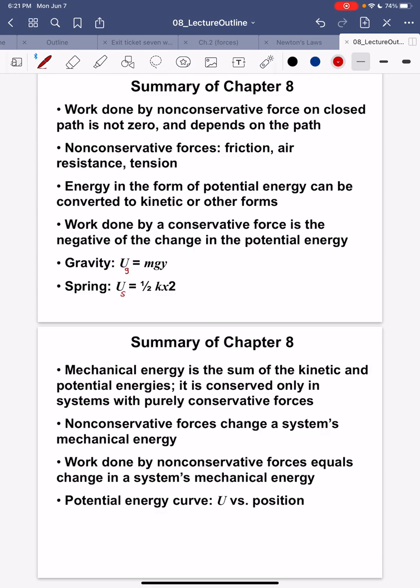Non-conservative forces change the system's mechanical energy, and the work done by non-conservative forces equals the change in the system's mechanical energy. And finally, we have the potential energy curve. It gives us information about U versus position, and we will be able to calculate K, velocities, and also find the turning points.